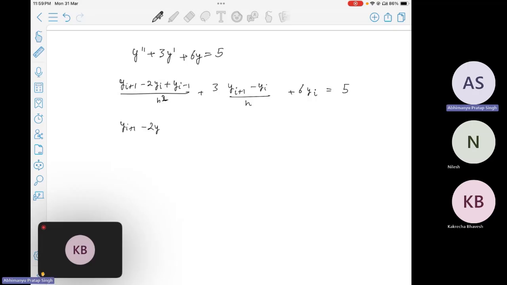For BVP 5 it shows an error like singular Jacobian encountered. What to do for this? I have changed the initial inputs also. Singular Jacobian. Which question are you talking about, Nilesh?